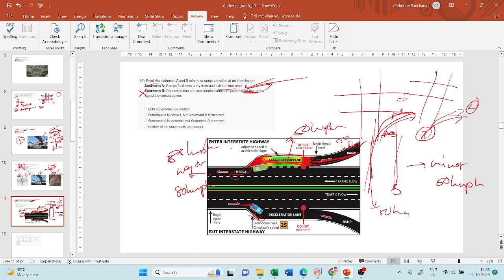This might result in a conflict, that is an accident, or it will reduce the speed of vehicles and affect the flow on the major road. So what needs to be done is, they will provide an acceleration lane where after the ramp the vehicles will enter the acceleration lane and increase their speed from 50 to 80 kmph in this distance, and after that only they will enter the major roadway.